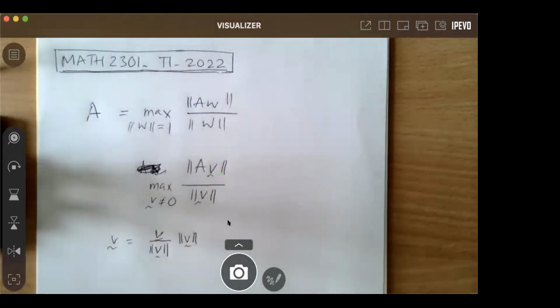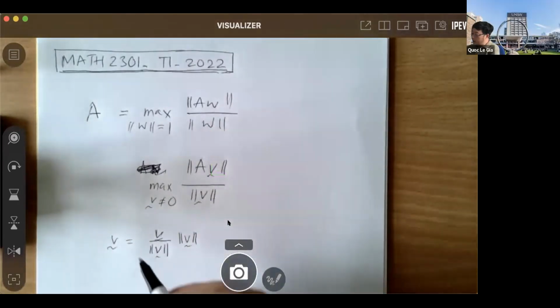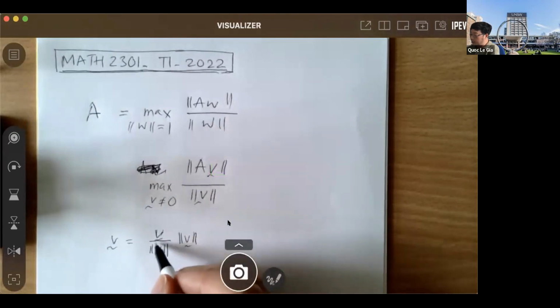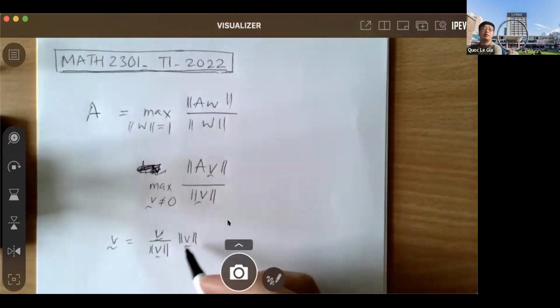So if I let V be V divided by the norm of V, multiplied by the norm of V, then it's still the same.